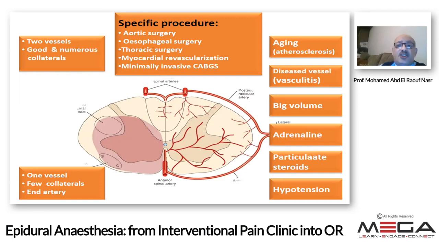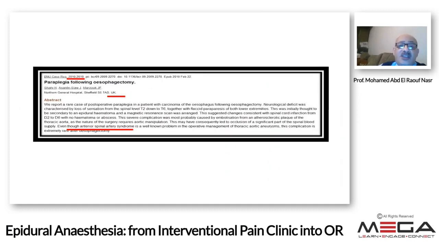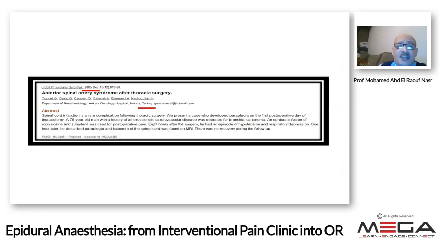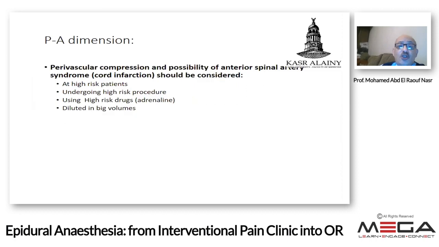Some particular surgeries are associated with a high risk of anterior spinal artery syndrome, like aortic surgery, esophageal surgery, thoracic surgery, myocardial revascularization, and CABG. And here are publications showing this high incidence of anterior spinal artery syndrome in all susceptible surgery. So personally, I say that we should consider the perivascular compression.